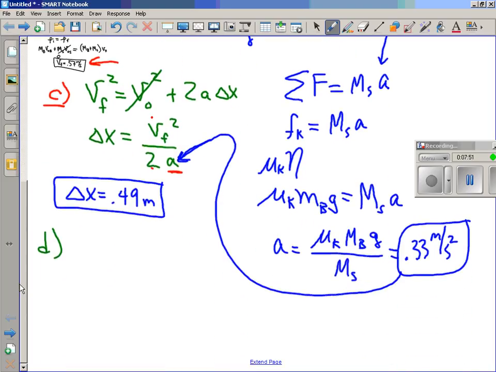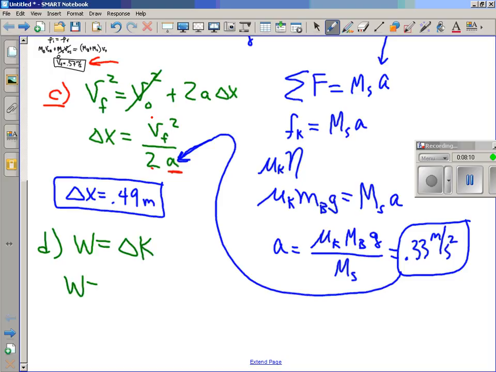And so I can either multiply the force times the distance that it traveled, that displacement, or I can do the work kinetic energy theorem that the work equals the change in kinetic energy. That's the one I'm going to do here.